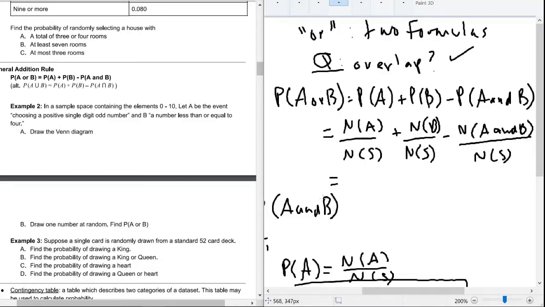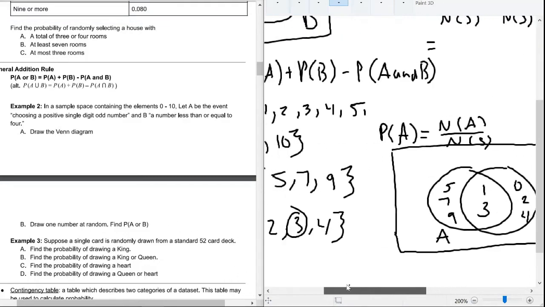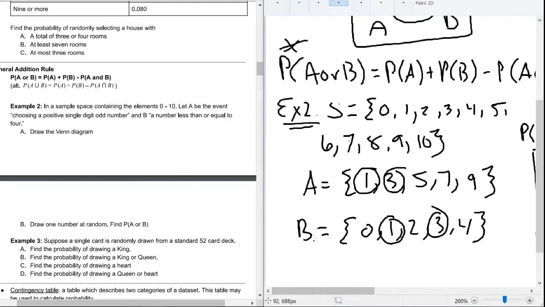So for this one, let's go down. We can either go to the Venn diagram or we can go here. How many events in A do we have? We have 1, 2, 3, 4, and 5 events. Is that right?